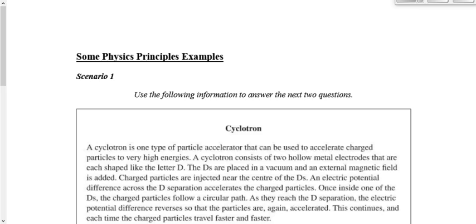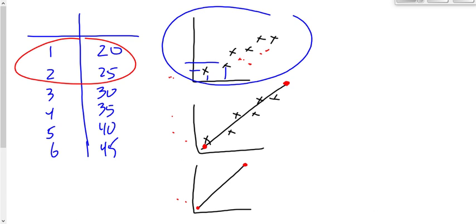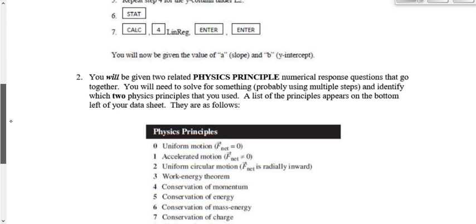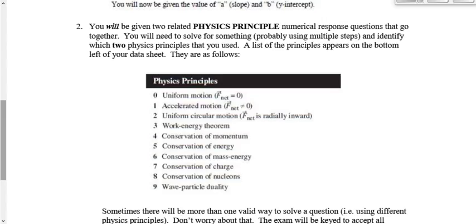Now, what else are you going to see? We also know that we're going to get another type of numerical response question. This one is a little bit newer to you. This is the one that we call the physics principle numerical response question. You will get at least one set of two questions that kind of go together.